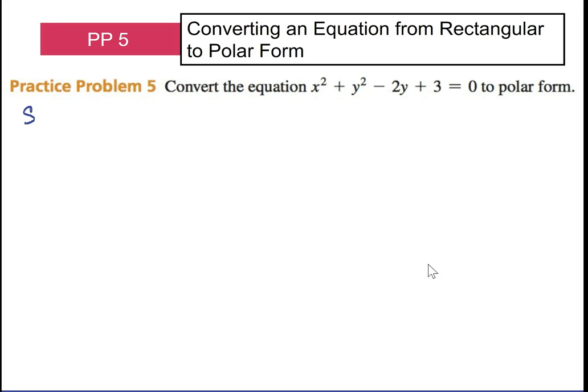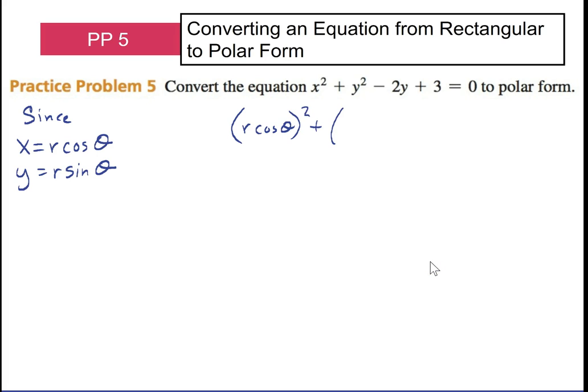Looking at this, we're going to go back to our trigonometric rules and use some of what we know about trigonometry as well. But first, let's replace any x's with r cosine theta, any y values with r sine theta. So first one first, there it is. r cosine theta, squared, replaces x squared, and r sine theta, squared, replaces y squared.